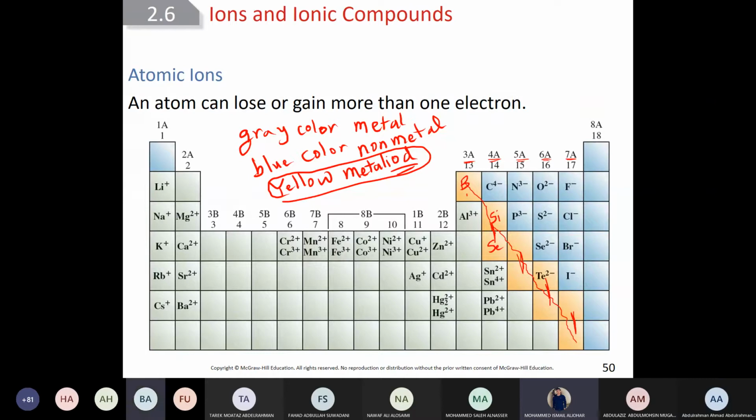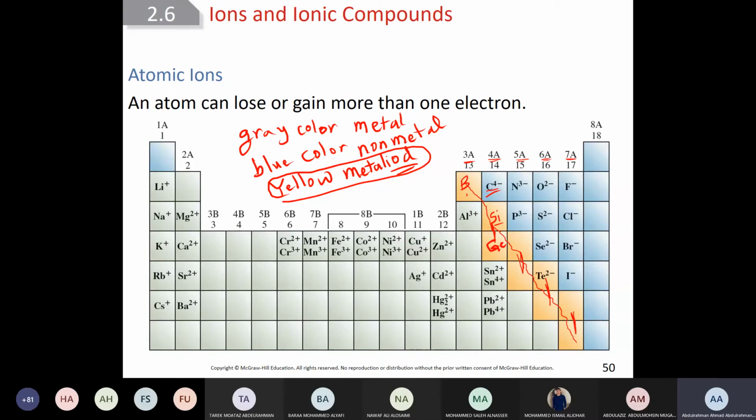Germanium. What's under carbon? Silicon. And then what's under silicon? Germanium, Ge. I made a mistake. Sorry, so this is not Se, it is germanium, which is Ge. Yes, I made a mistake. Everybody can make a mistake.